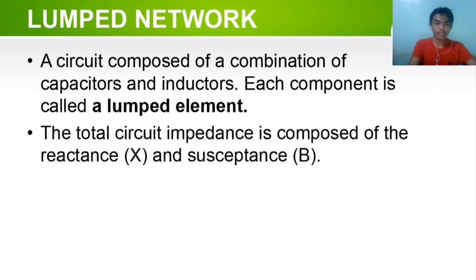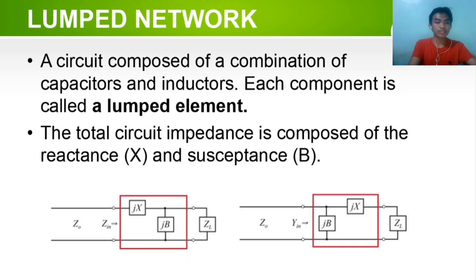The total circuit impedance is composed of the reactance X and the susceptance B. This is an example of a lumped network wherein the reactance is in series with a parallel susceptance and the load impedance, while in the next figure the susceptance is parallel to the reactance and the load impedance.